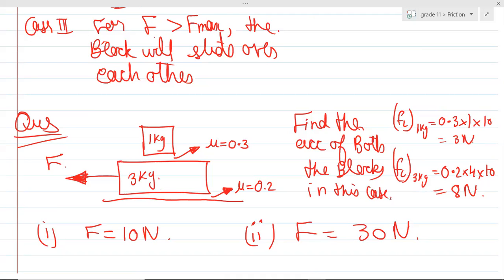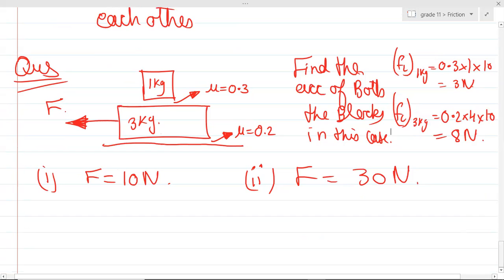So basically, these two are the cases. First of all, guys, I told you, whenever this is the case, never ever, till the time you are not confident enough. Even I am not confident enough what will happen in this case, will this block slide over another or not.